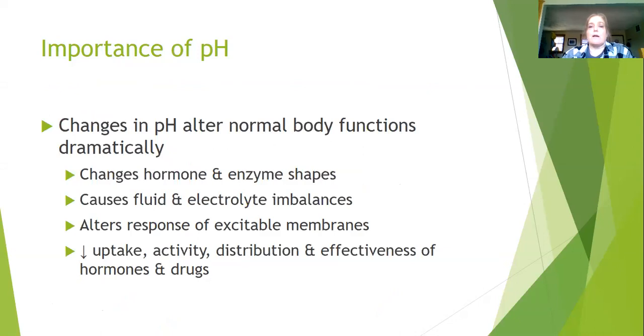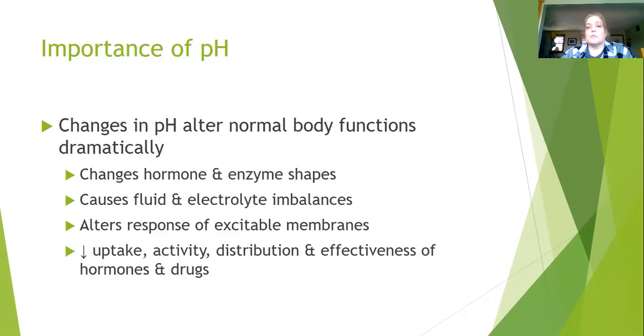pH is really important for all of our body functions. It's really important to have it in the normal zone for everything to function the way it is supposed to. It can affect the hormones, the enzymes, it can affect the fluid and electrolyte problem. Actually, fluid and electrolyte problems can cause the acid-base problems as well.